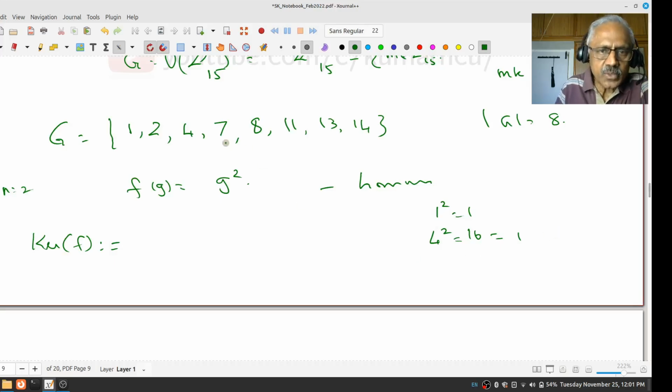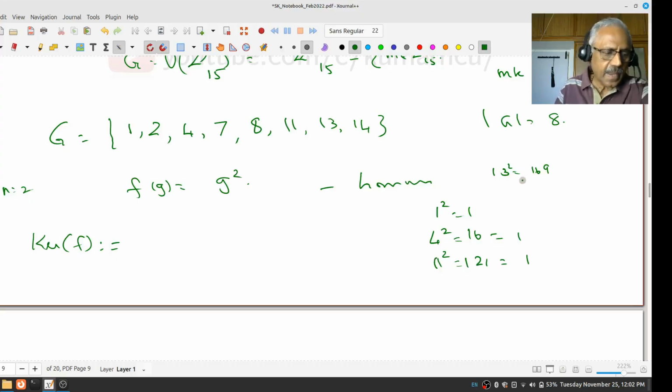And 7 squared is 49, it is not there. 8 squared is 64, that is 60 plus 4, that is not there. 11 squared is 121, that is 8 times 15 plus 1. Therefore 11 is there. 13 squared is 169, that's not there.